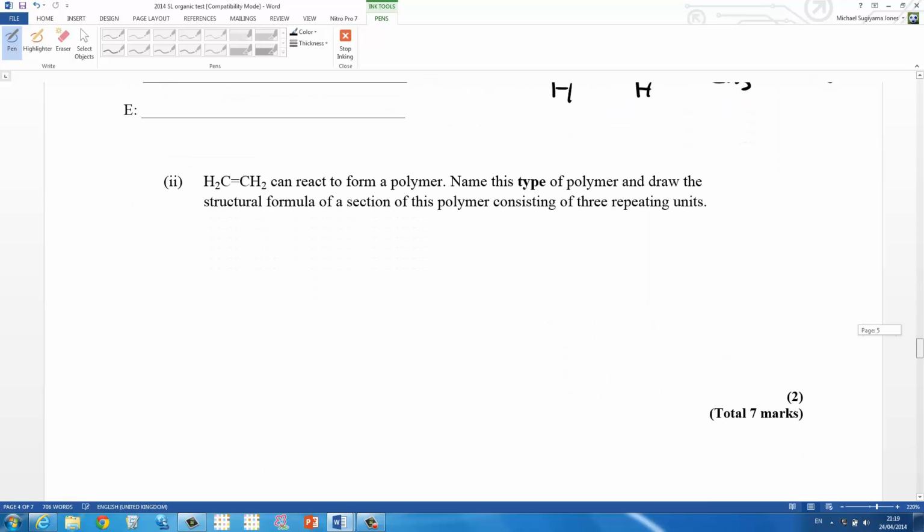And moving on, part 2, you have ethene can react to form a polymer. Name this type of polymer and draw the structural formula of a section of this polymer consisting of 3 repeating units.